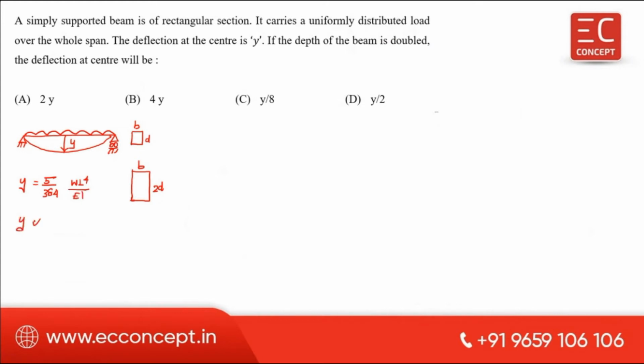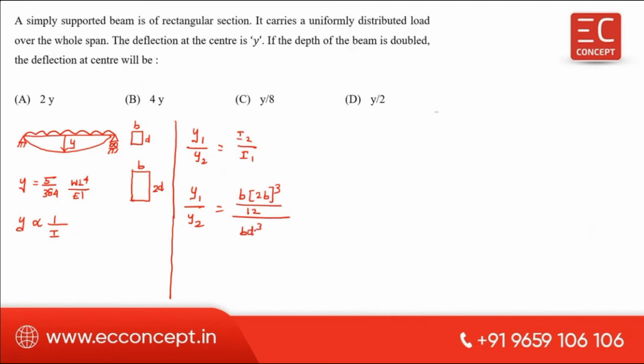From that you can write that deflection is directly proportional to W, and the same load is acting in the second case. The length of the beam is the same, the material is also the same. Therefore deflection is proportional to 1 divided by moment of inertia. So y1 by y2 is equal to I2 by I1. I2 is B times 2D cubed divided by 12, divided by B D cubed divided by 12.